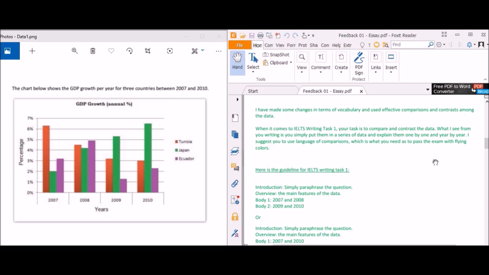So our task is about how to compare and contrast the data in an interesting way, not simply putting them in series.